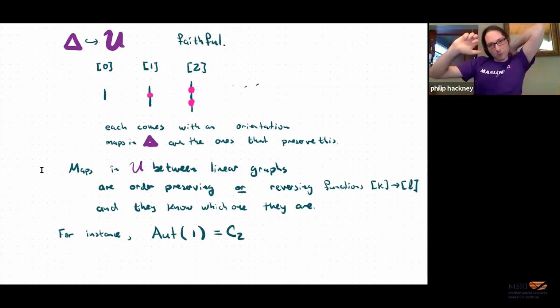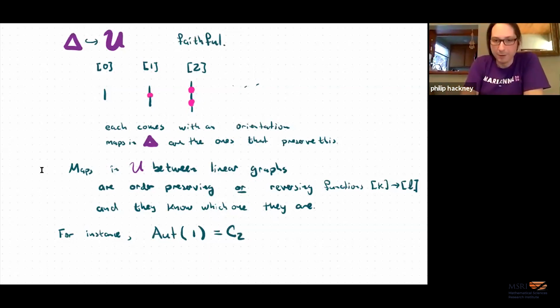There's either the flip or the not flip. So somehow you have to remember whether you were order preserving or order reversing. I guess this only makes a difference for constant functions from K to L.